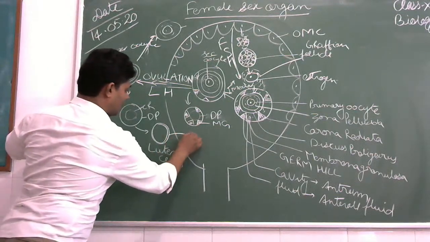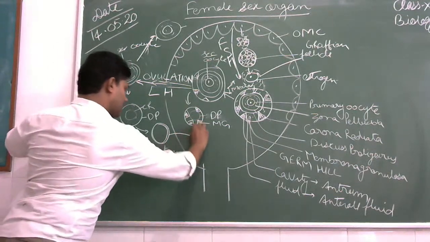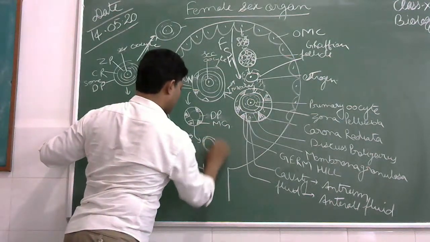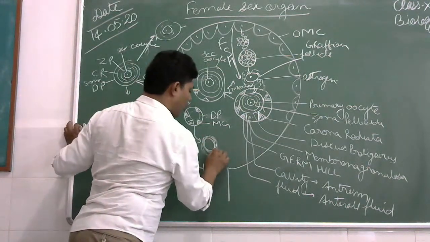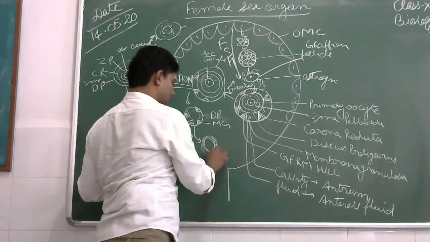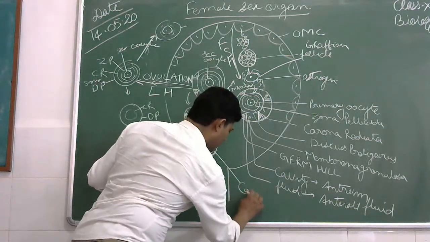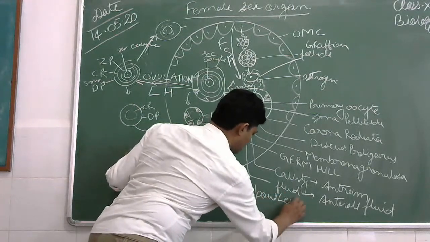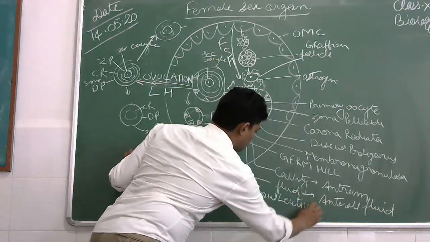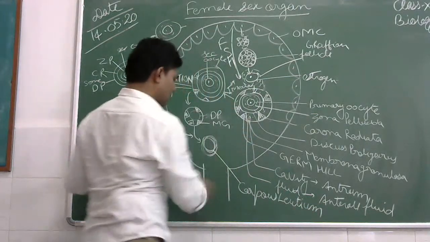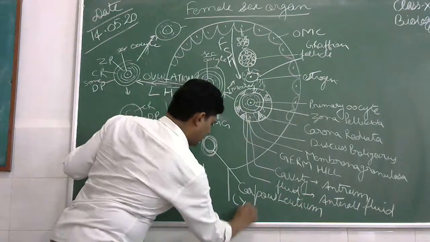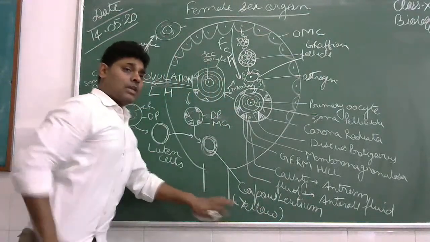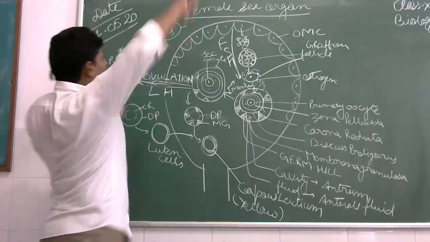It enters again into the ovary, and they both will make a white scar, that is the corpus luteum. It is a yellow colored structure.